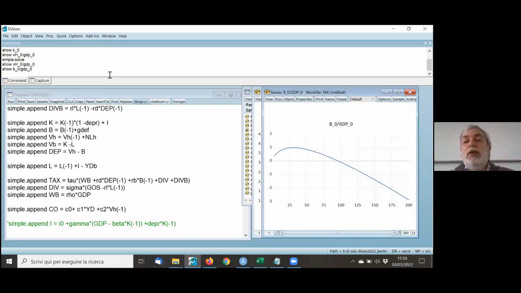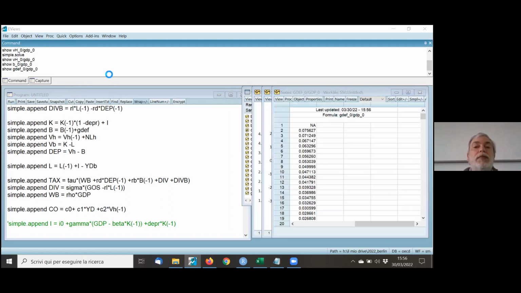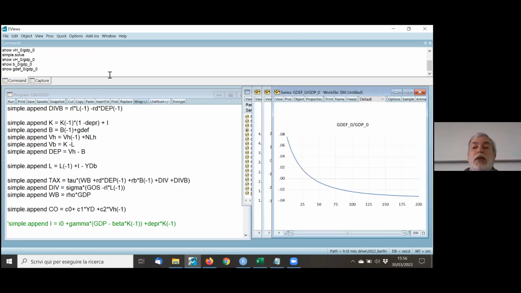And somehow they collapse. The government deficit, yeah, the government deficit is turning into a surplus. And it's tending to converge to a negative ratio to GDP.